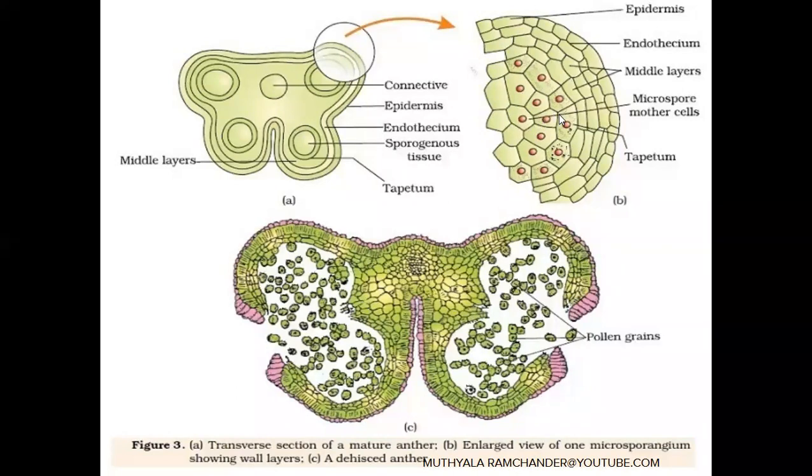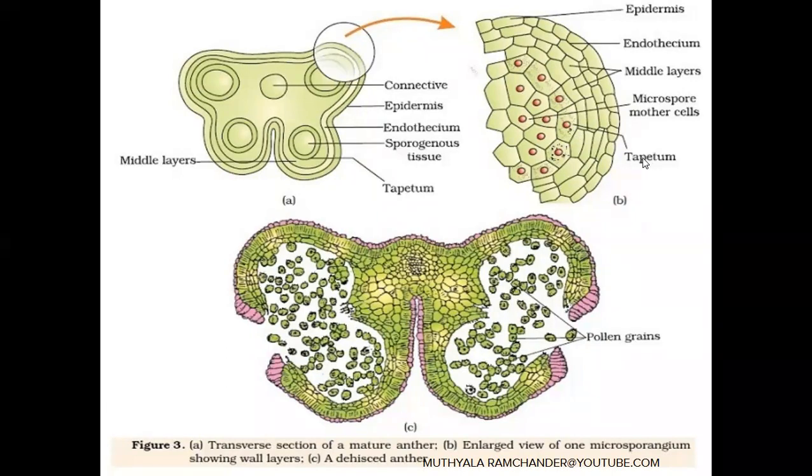Below the tapetum cells, diploid cells are present. The diploid cells are called microspore mother cells. The microspore mother cells need nutrients. The nutrients are collected from tapetum cells.